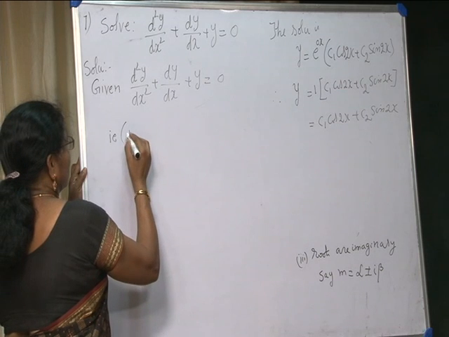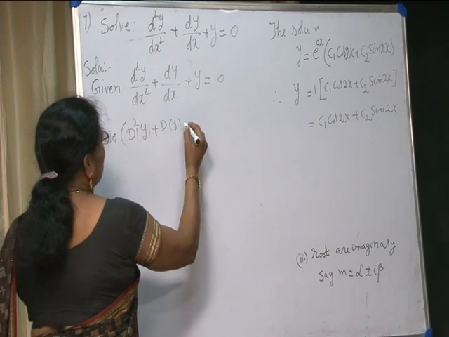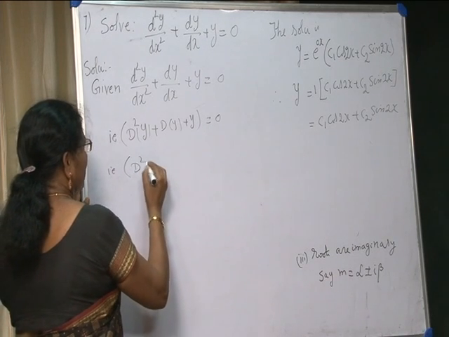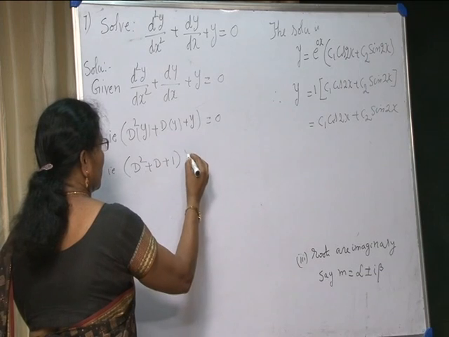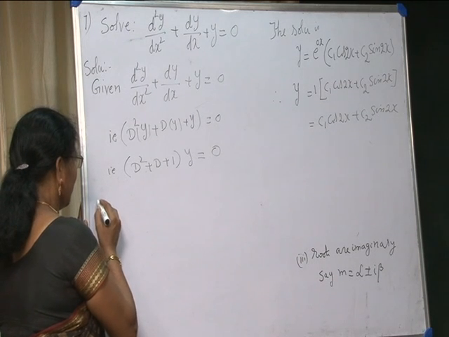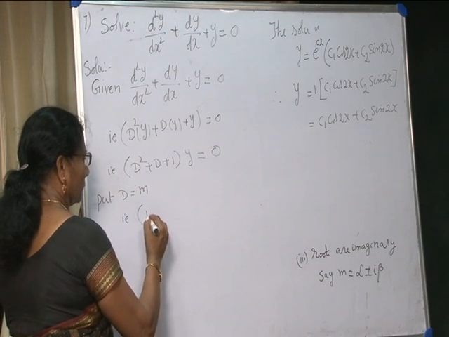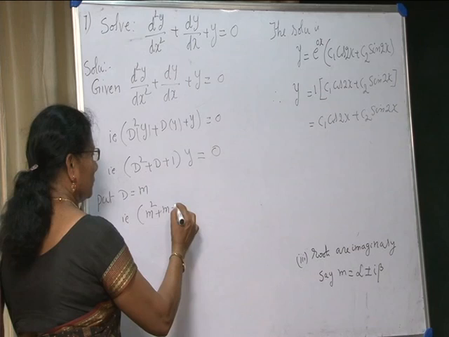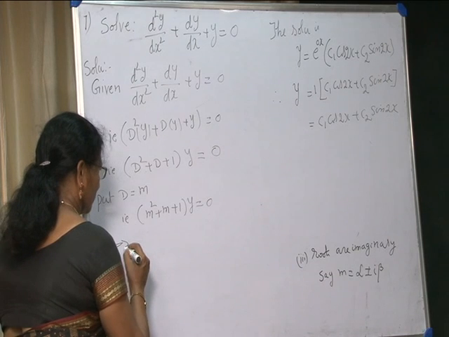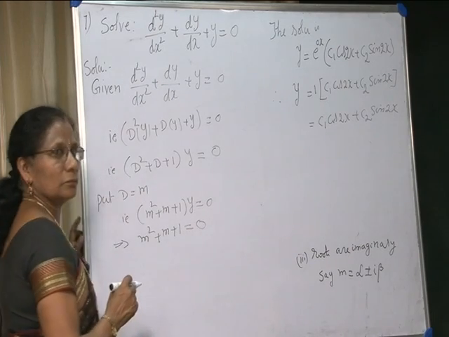That can be written as d squared plus d plus 1 equal to 0. That is, in the place of d, put m: m squared plus m plus 1 equal to 0.